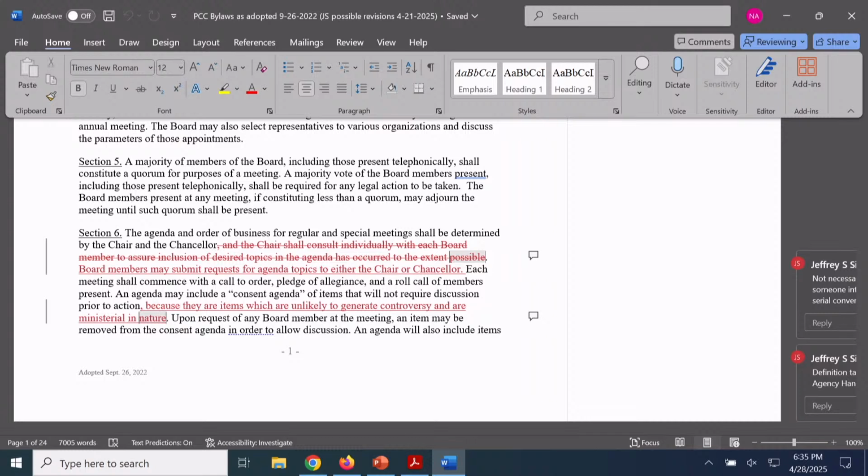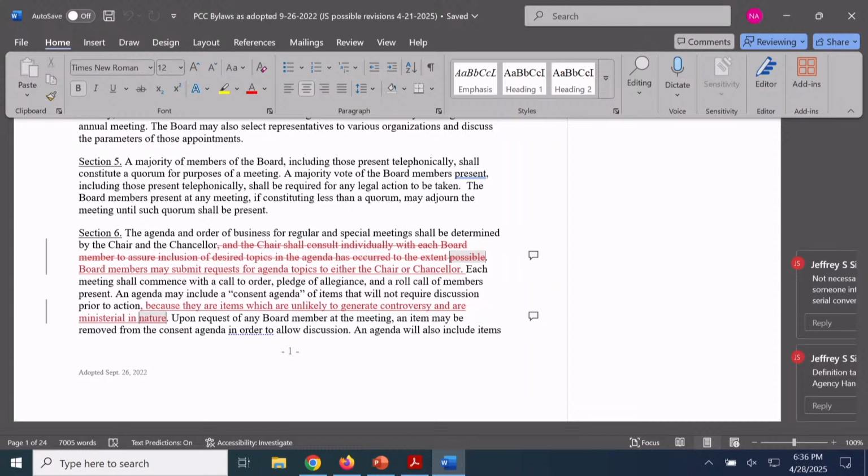So it seems simpler not to have language in there that suggests that's what's happening on a monthly basis. It's not, but we don't need to suggest that. And simply to reiterate that, of course, board members are always free to contact the chair and submit items for upcoming board meetings. So that was the reason for that.